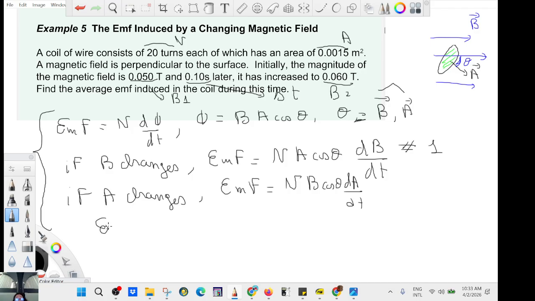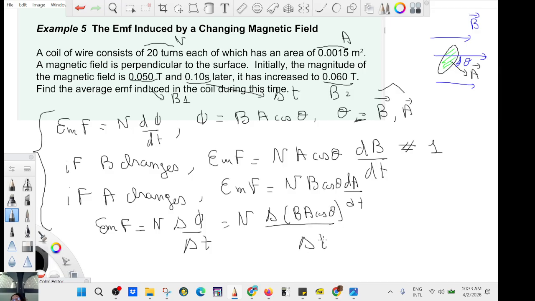Right? So I'm just going to write EMF equals N times delta. It's a delta. I can make it as clear as I can. And you see, only B is changing. So it's going to be the number of loops, the area, cosine theta, delta B over delta t. And the cosine equals 1, because it says it's perpendicular.